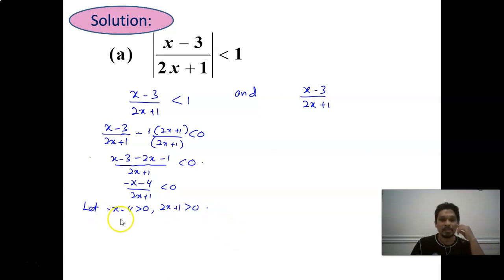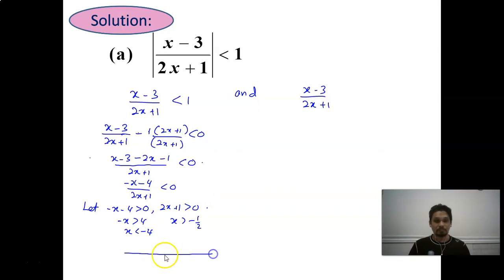Okay, so then negative x greater than 4, so x less than negative 4, and here x greater than, 1 will become negative 1 divided by 2, negative 1/2. So now it's between negative 4 and negative 1/2. It's less than negative 4 and greater than negative half.